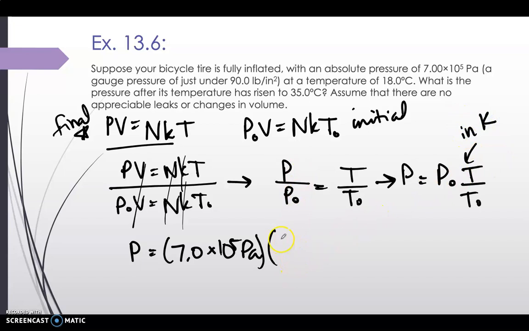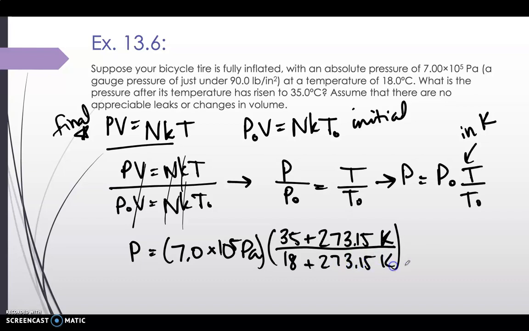So I'll go ahead and convert that: 35 degrees Celsius plus 273.15, which is in Kelvin, divided by 18 degrees Celsius plus 273.15 Kelvin.